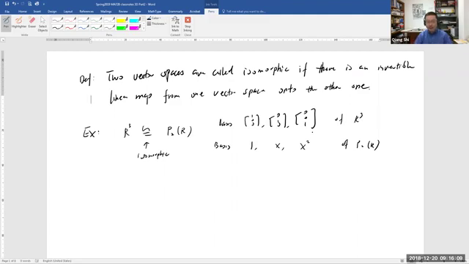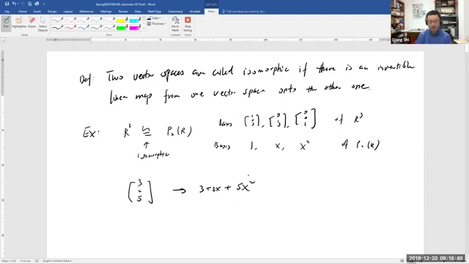If we make this correspondence, where 1, 0, 0 corresponds to 1, 0, 1, 0 corresponds to x, and 0, 0, 1 corresponds to x squared, then you can check this is a linear map and that it is invertible. First, it is unique: if you have something like 3, 2, 5, this gives you 3 plus 2x plus 5x squared.